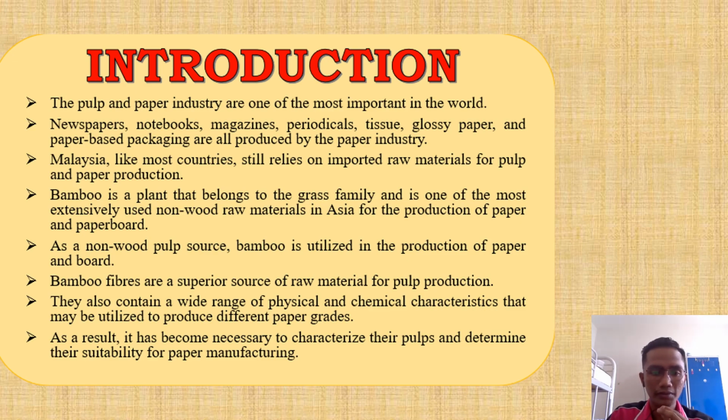Bamboo fibers also are a superior source of raw material for pulp production. They also contain a wide range of physical and chemical characteristics that may be utilized to produce different paper grades. As a result, it has become necessary to characterize their pulps and determine their suitability for paper manufacturing.